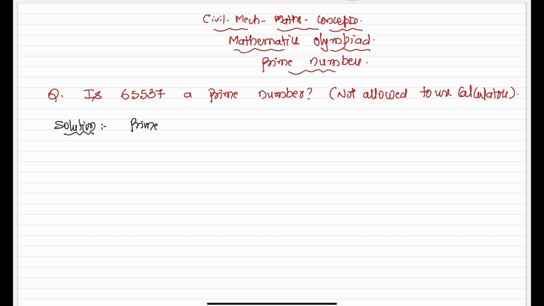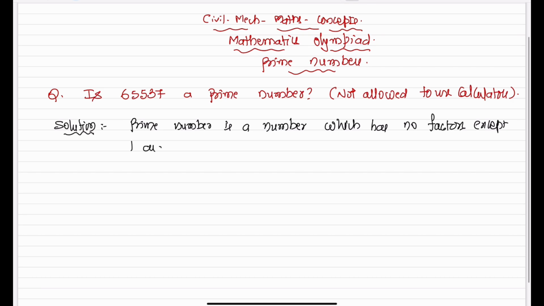A prime number is a number which has no factors except 1 and the number itself.